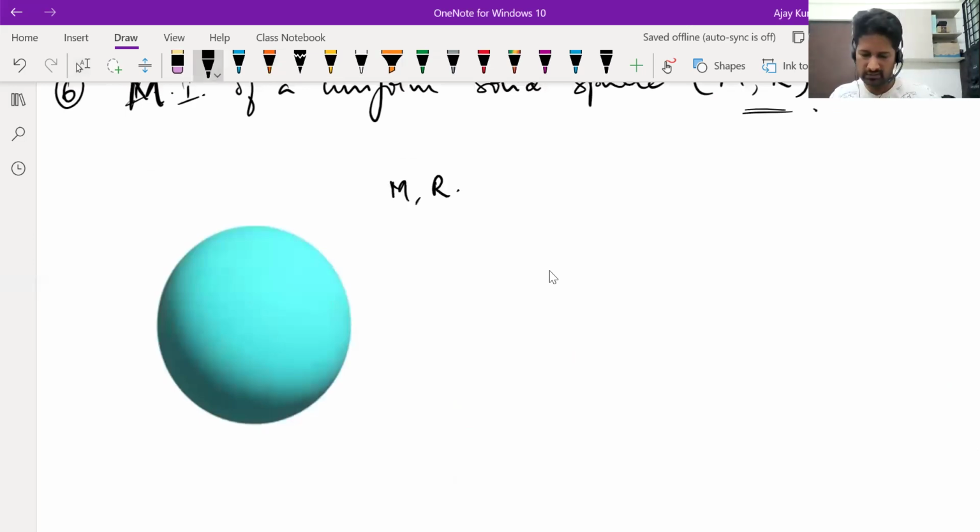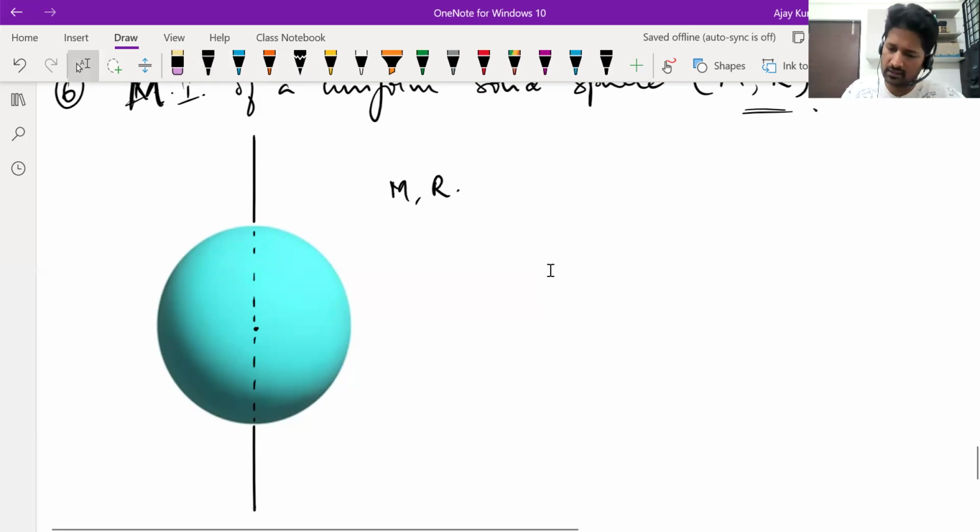It's important to visualize the axis about which you are deriving the moment of inertia. Axis passes through the center of the sphere. Fine. Treating it as a collection of hollow spheres makes it much easier to solve.